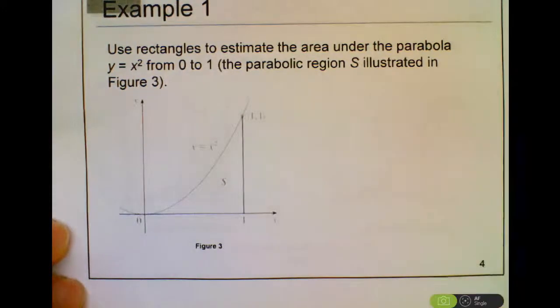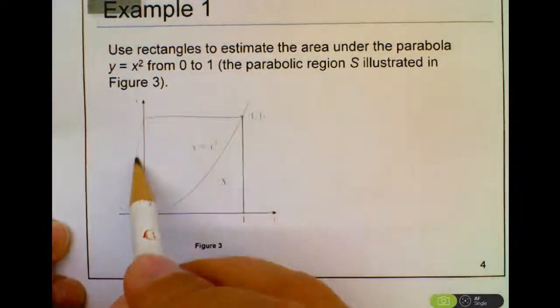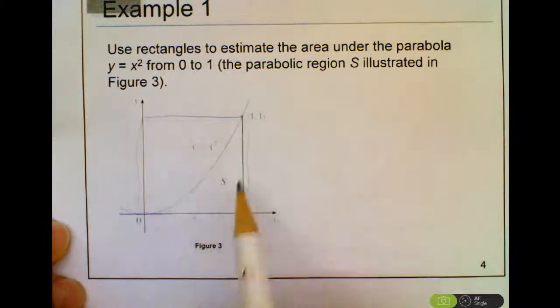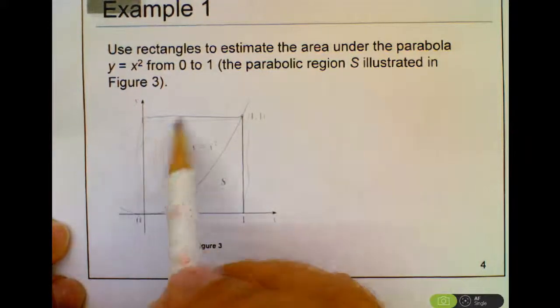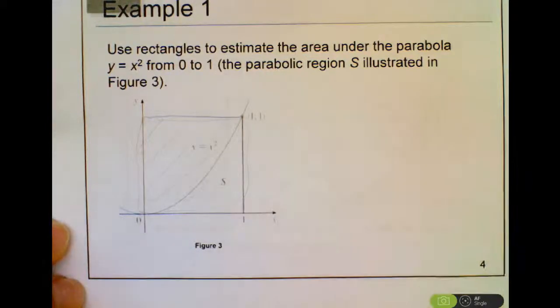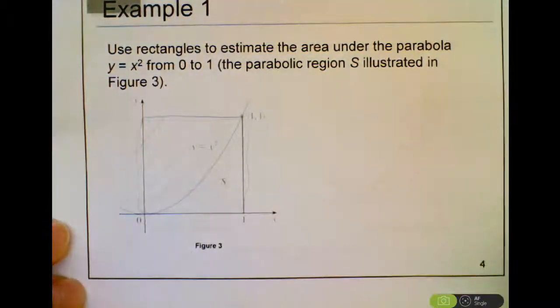Now we really don't know how many rectangles we're going to use to estimate. If you form this, well, this is really not a rectangle, this is a square, but this area is definitely very large compared to the area that we're trying to estimate. So definitely one square will not do for our estimation.